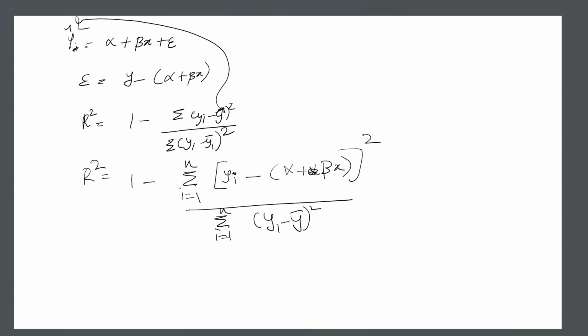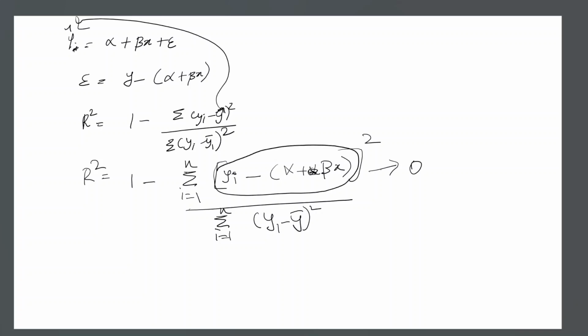Now for the best fit, ideally we should get an R square value equal to 1. R square is the coefficient of determination. When it reaches 1, we call it the best fit. For that to happen, we want the numerator to become 0. So the inside term should become 0.